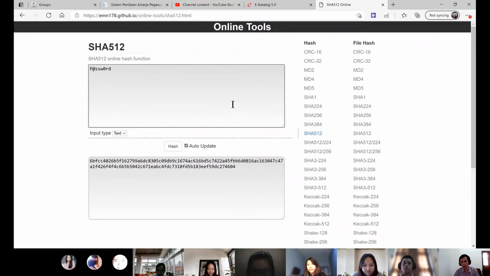Immediately after I make the password, it should be changed into this using a technique called SHA512. This is one of the methods to encrypt data, to change it into gibberish. As you may see here, my plain password has been changed into this, and this should be stored in the table instead of the plain password.